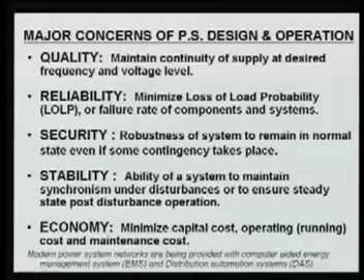Now let us come to power quality. Here, as I said, power quality means continuity of supply at the desired frequency and voltage level. In terms of frequency variation, we always operate the power system within plus minus 3% of the normal rated value.